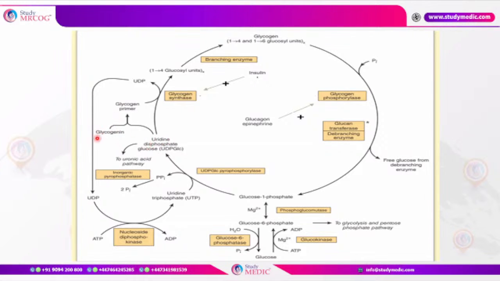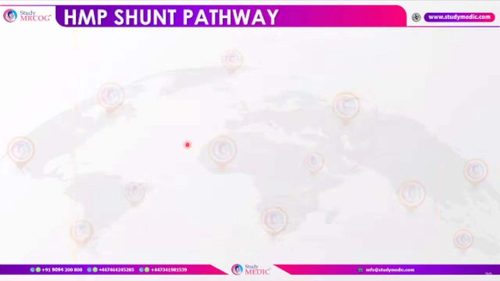This UDP glucose with the glycogenin, when acted upon by glycogen synthase, has glucose molecules added to the primer. There are continuous reactions happening, and wherever branching points are required, the branching enzyme will help to establish the glycogen. So finally the two enzymes, glycogen synthase and branching enzyme, are required to build the glycogen molecule.